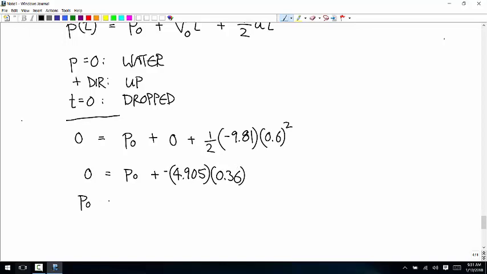Can someone multiply that? I don't have a calculator. It's 1.27. This second term was negative, this was positive, and we're solving for P sub 0. So 1.275 meters, that's a pretty low bridge. But, yeah, I suppose it's possible.